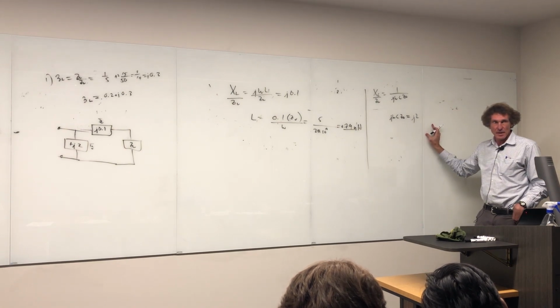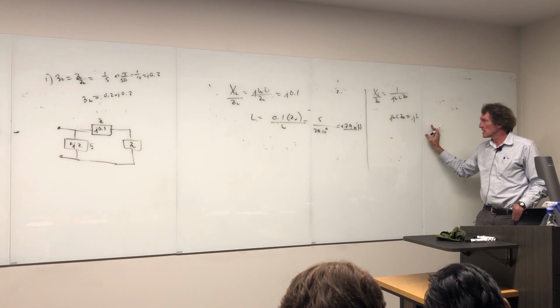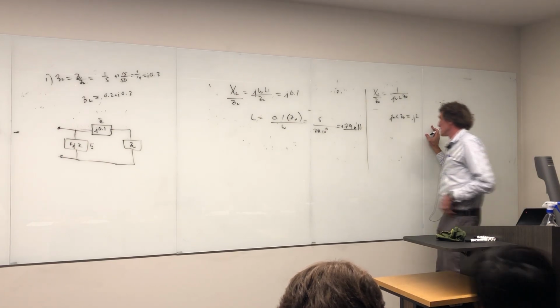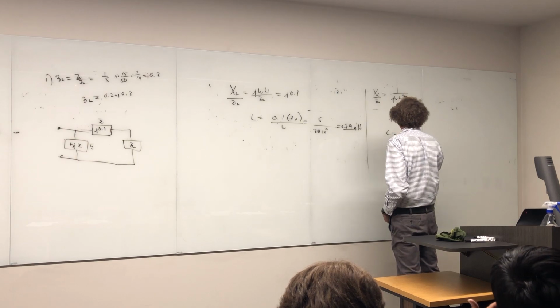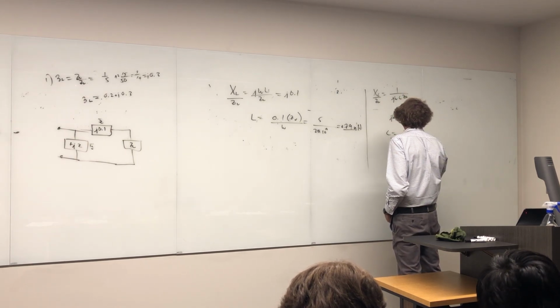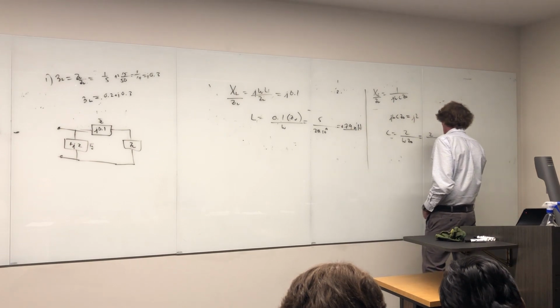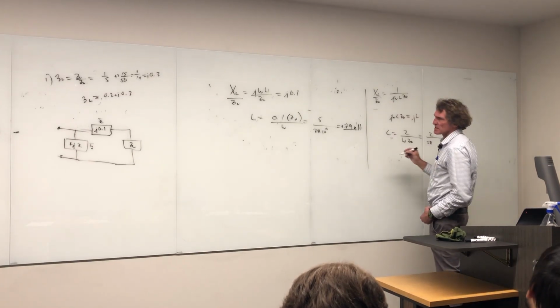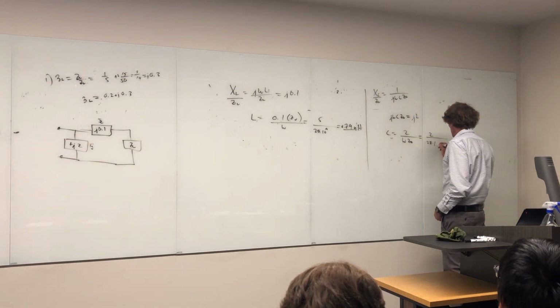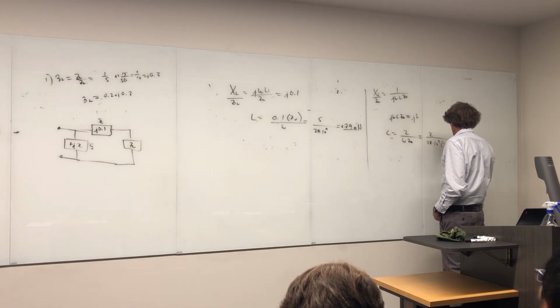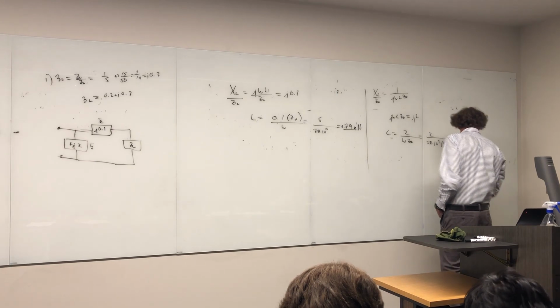Right? Now we calculate the value of C. So C here would be equal to 2 over omega Z naught. It's 2 over 2 pi. You said it was 10 to the 9th, right? Times Z naught, which is 50. And that will be the value.